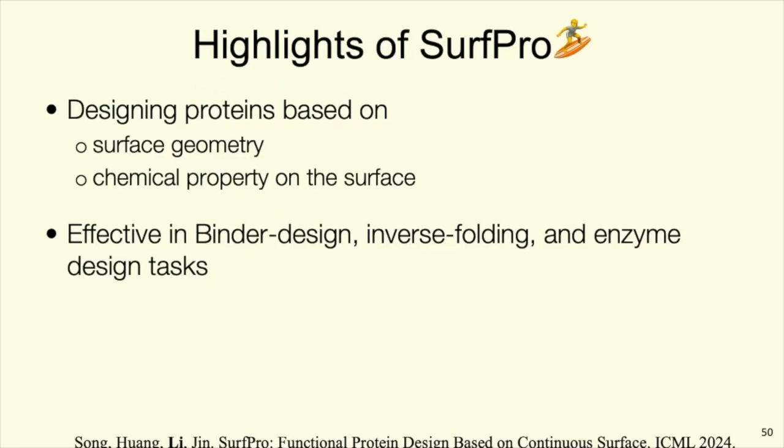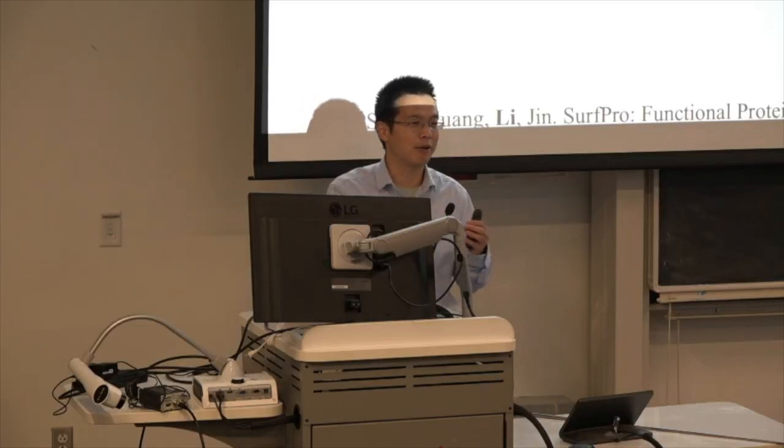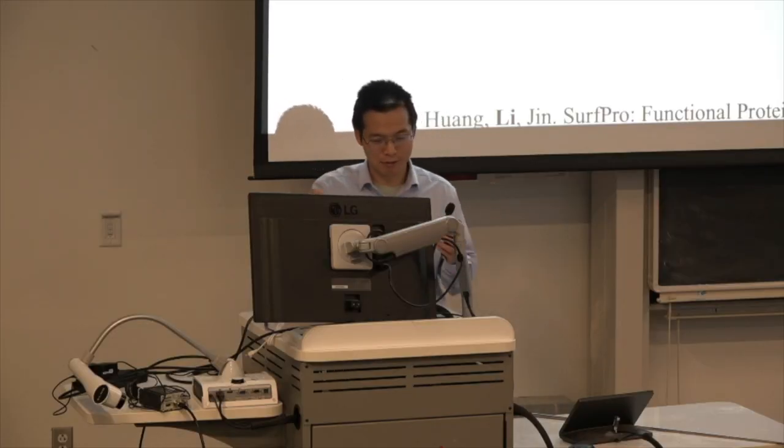So a quick summary. In this work, we use geometry to guide the generation procedure. It's based on the surface geometry, surface structure, and also the chemical properties on the surface. And this proves effective in binder design. It's also effective in inverse folding. So if we are given the whole 3D geometry, we can also generate sequences.